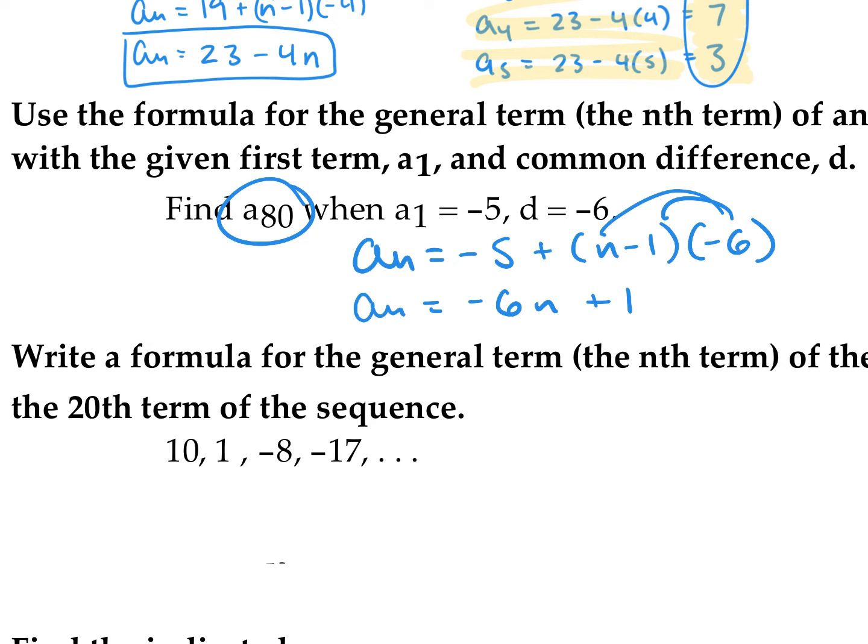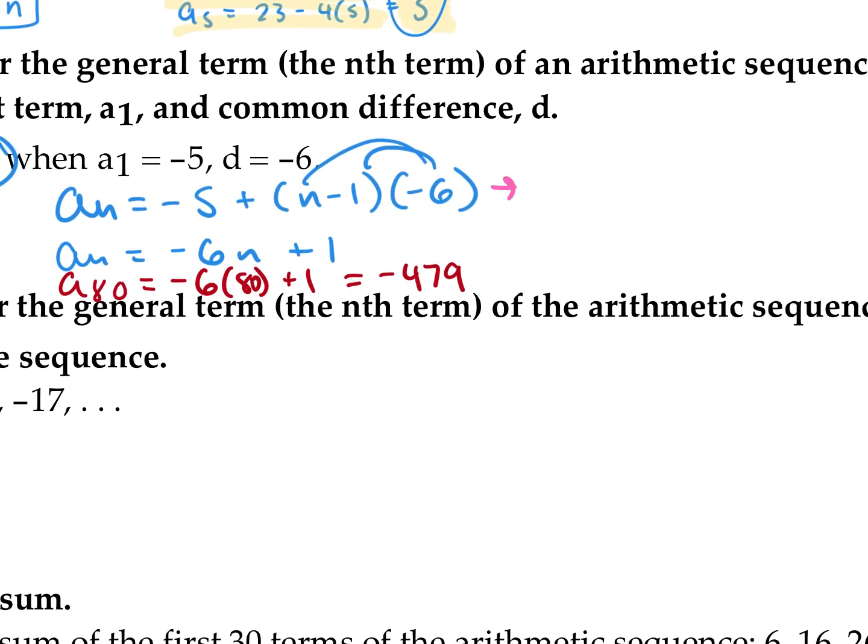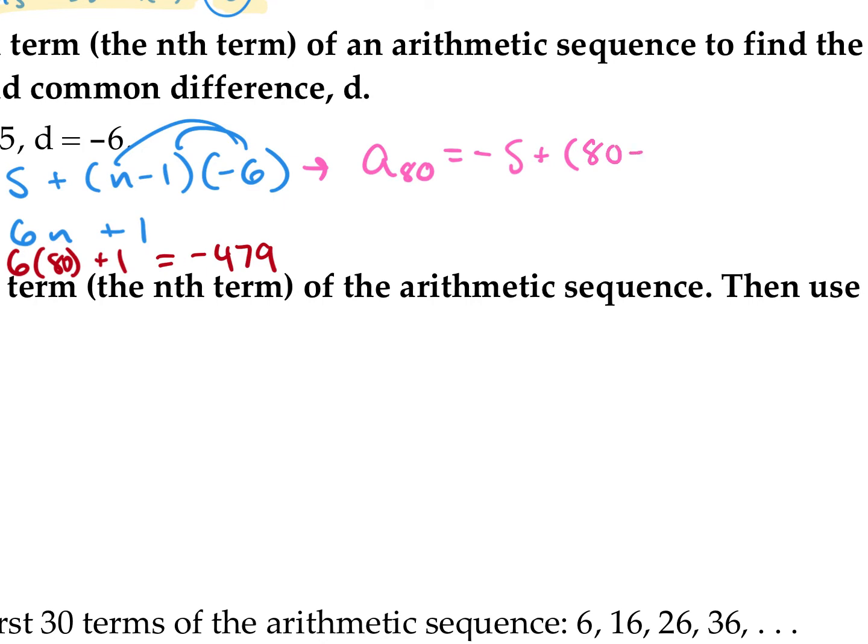Using the second equation, we just plug in 80, so a sub 80 is equal to negative 6 times 80 plus 1. What do we get here? Negative 479. If I did it the other way, a sub 80 is equal to negative 5 plus 80 minus 1 times negative 6.